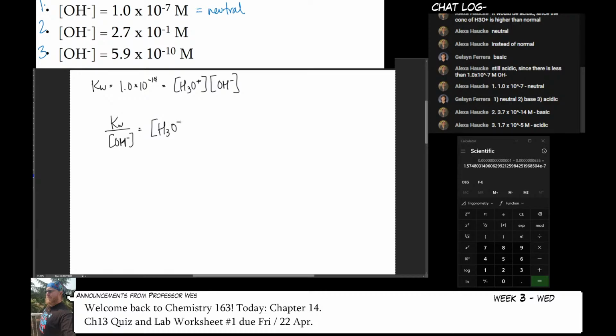That will give us our hydronium. And so for the second one, we have 1 times 10 to the minus 14 divided by 2.7 times 10 to the minus 1, which is going to give us a real small answer. So this one must be basic.